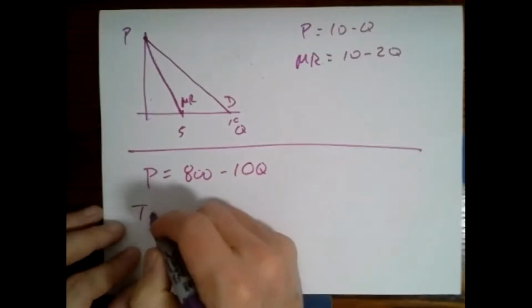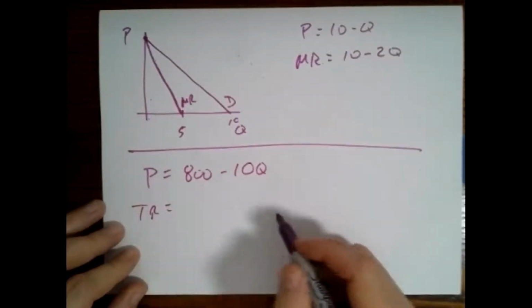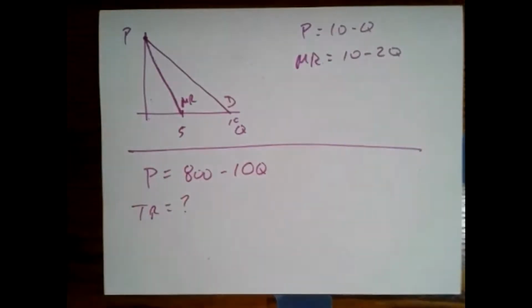What would the total revenue function be? So I'll give you a second. When you've got it, throw it up on the chat. Once I see some coming in, I'll keep going.